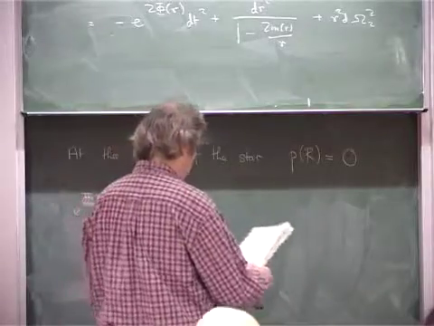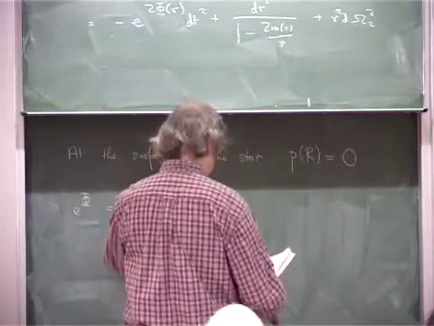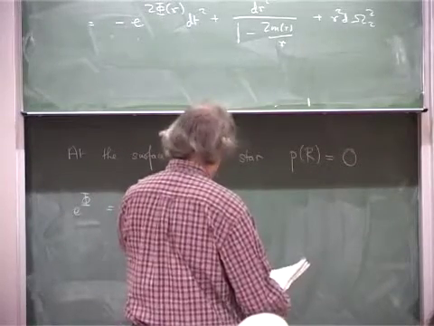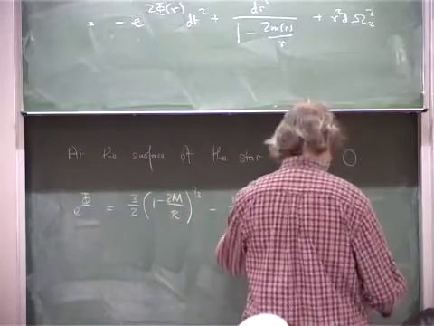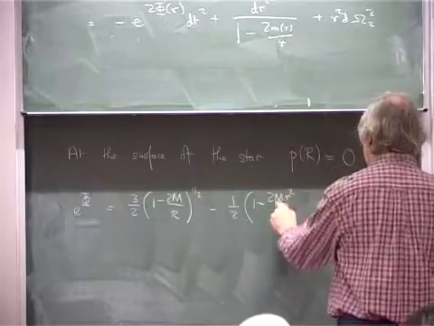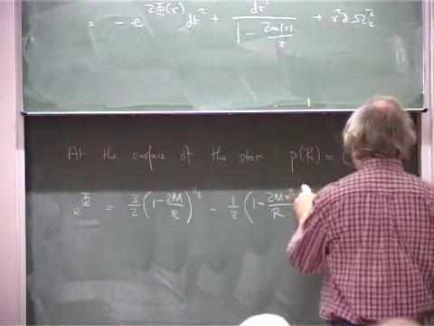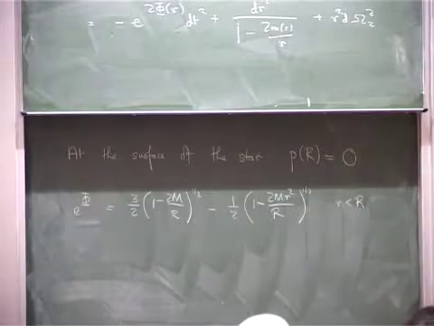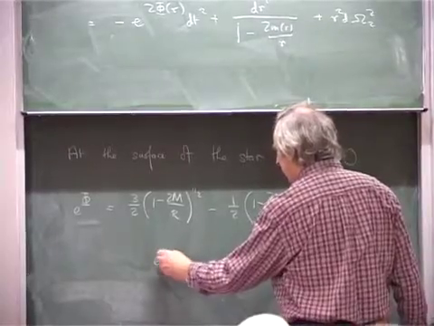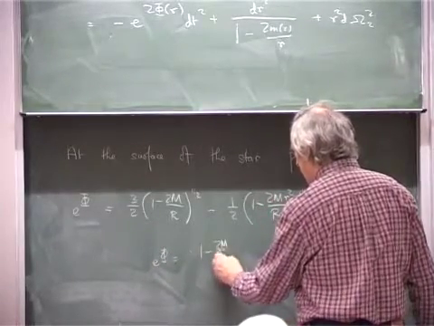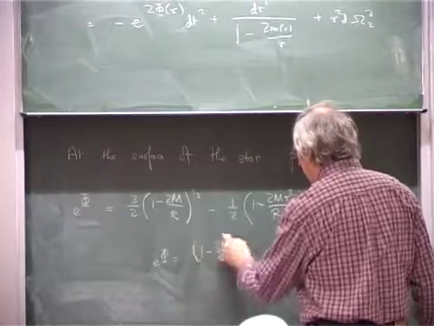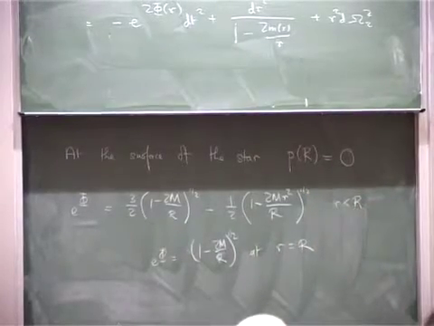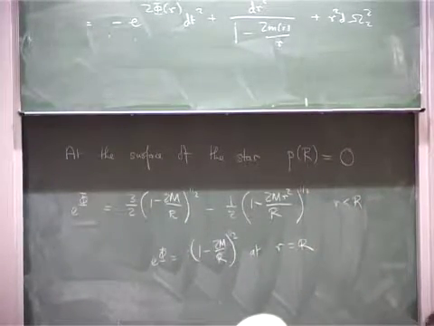You will get 3/2 into 1 minus 2M over R to the 1/2 minus 1/2 of 1 minus 2Mr squared over big R cubed to the 1/2 for little r less than R. And you will notice that e to the phi is 1 minus 2M over R to the half, as you would expect at r equal to big R. So again, the time component of the metric matches up smoothly.